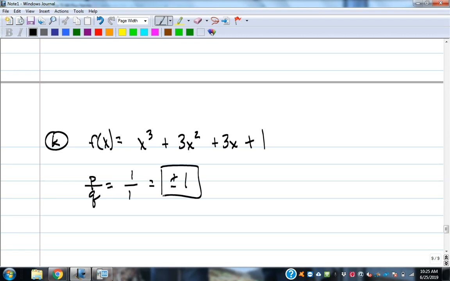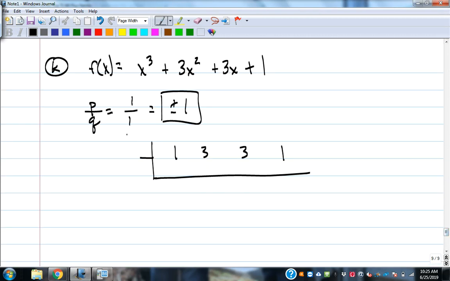Okay, so set up our synthetic. 1, 3, 3, 1. And we need to find something that goes on the shelf. How do I find that? Graph the polynomial.